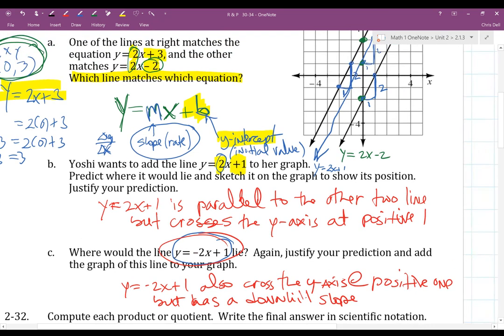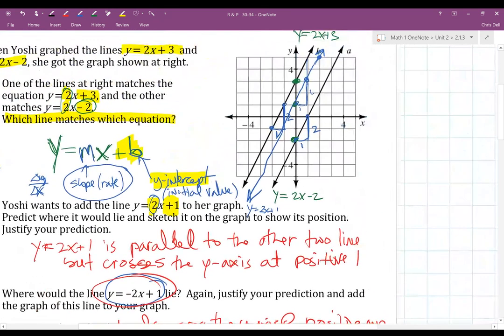So here's what that one looks like. If I'm going to graph that one, it crosses here, but its change in y is still 2 over 1, but it's a negative 2 over 1. So it's going to have a downhill. It's going to be going down 2 over 1, down 2 over 1, down 2 over 1. So it's got these steps this way. If I connect my dots and show what that graph looks like, that's what y equals negative 2x plus 1 would look like. All right, there you go.